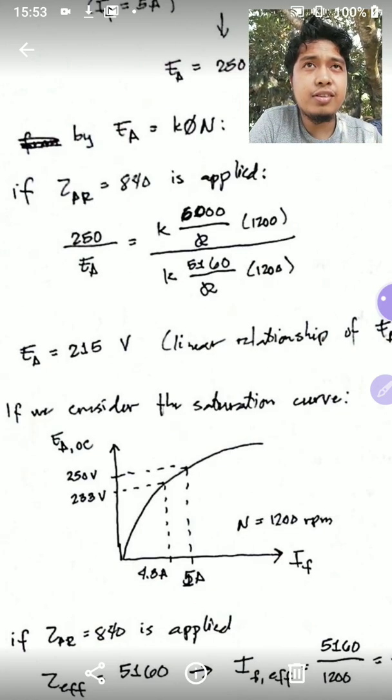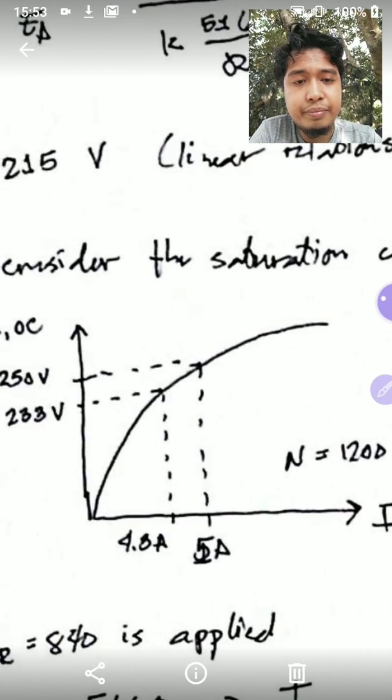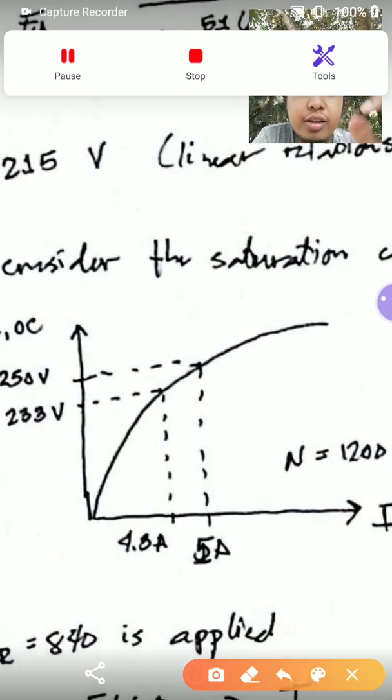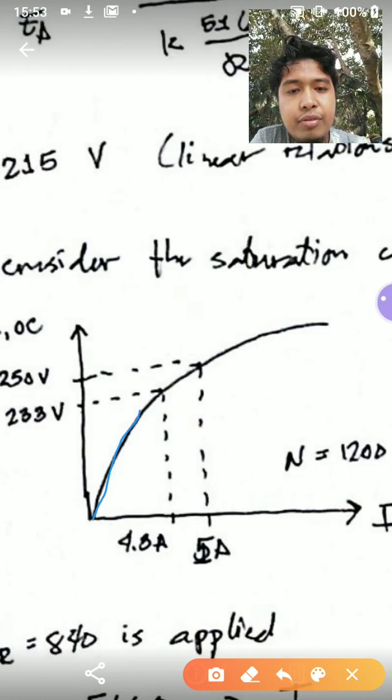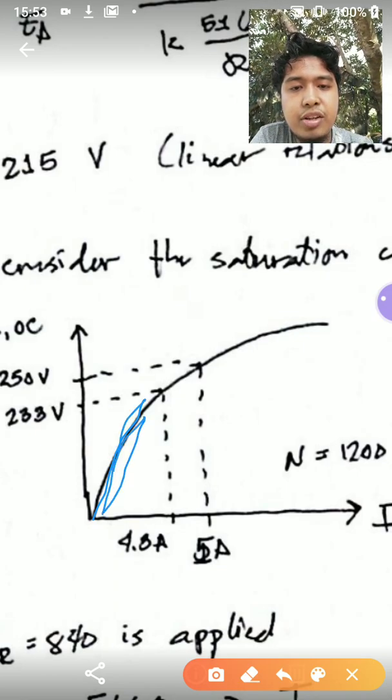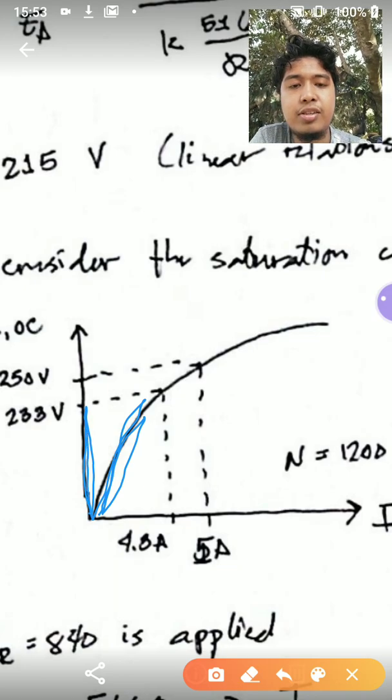So as you increase the field current, the induced armature voltage tends to increase.